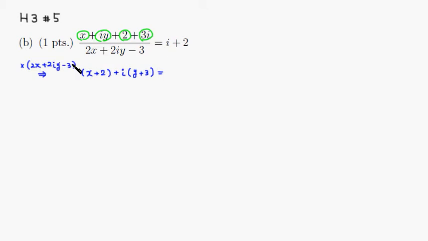So i times 2x is 2xi. i times 2iy: i times i is -1, so it's negative 2y. i times -3 is negative 3i.